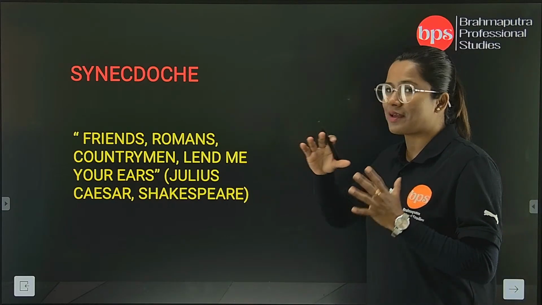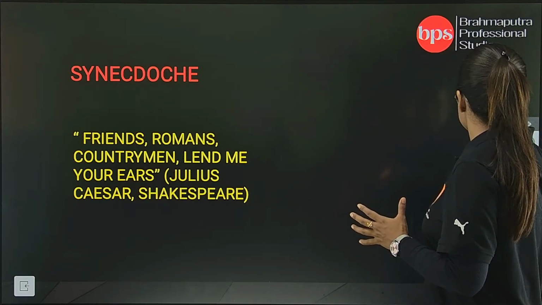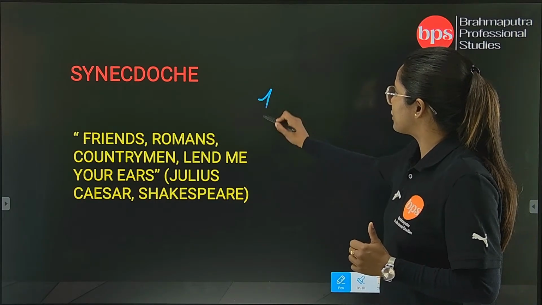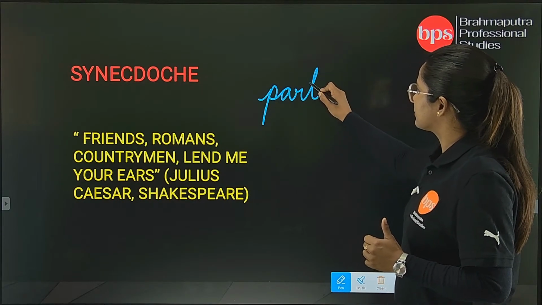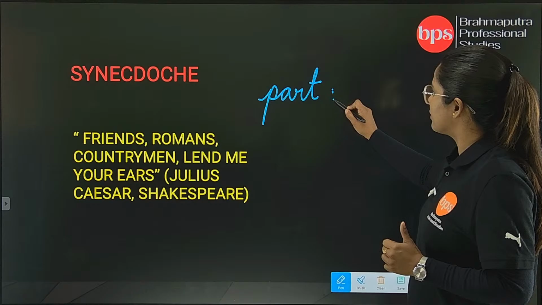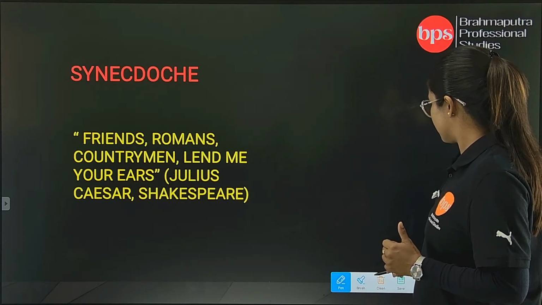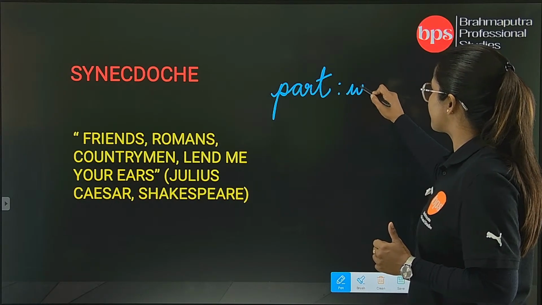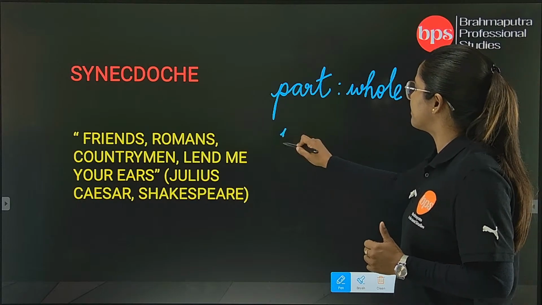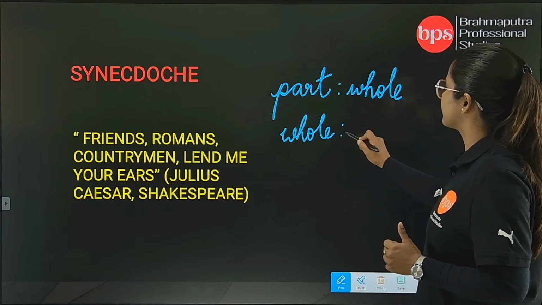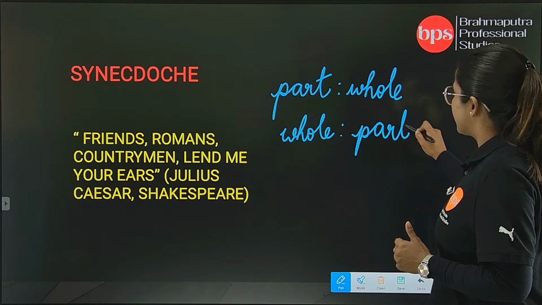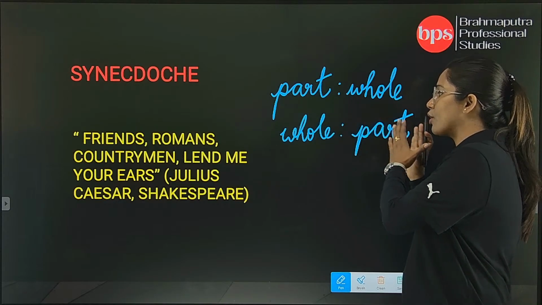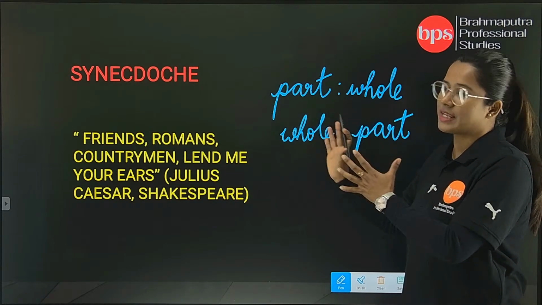When we are referring to only a part for actually a whole, part in place of whole, or whole in place of part. The ratio or interplay of part and whole or whole and part is synecdoche.